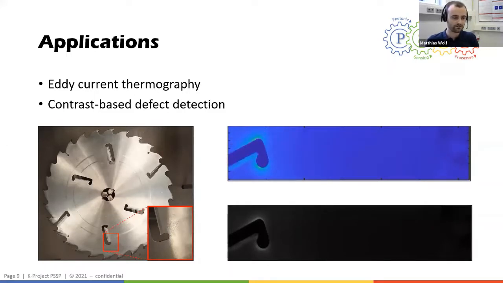If not, I have slowed down this animation, shown at the bottom part, and also used just a plain defect contrast-based approach for the segmentation of this crack. This works really well in case of metallic specimens, so it's really easy to detect and characterize the defects to some extent for metallic specimens too.